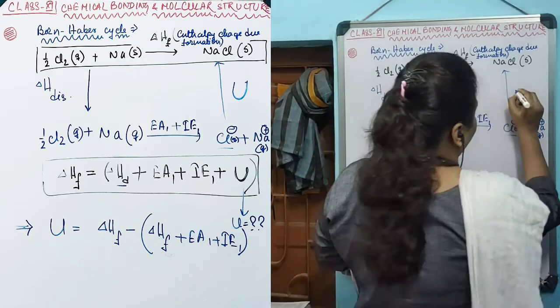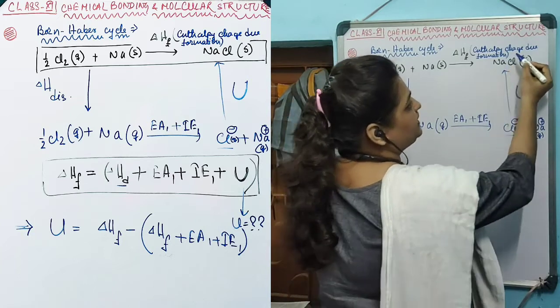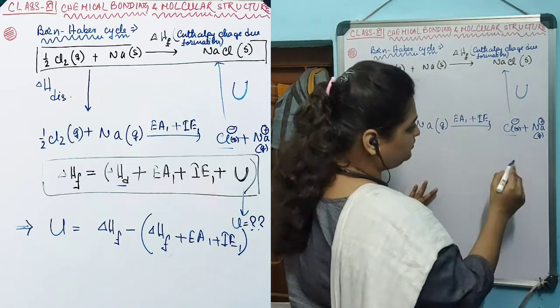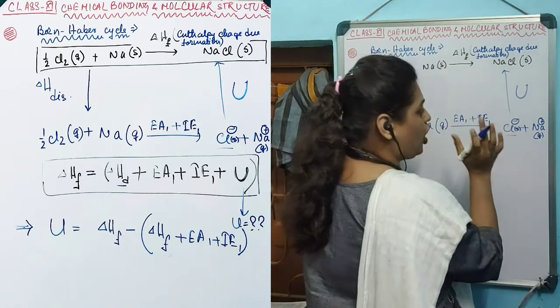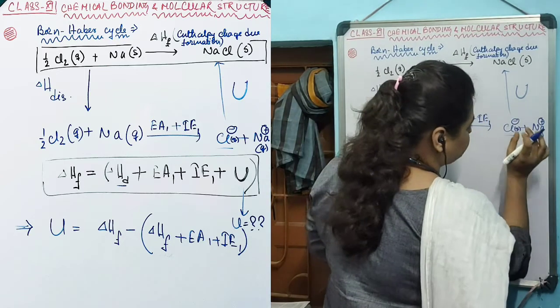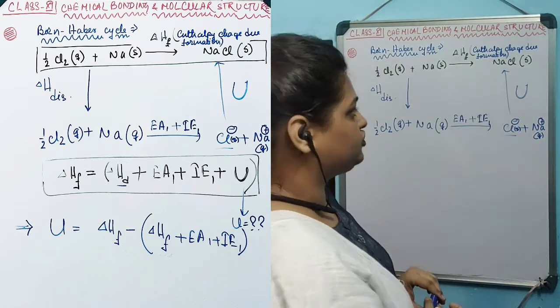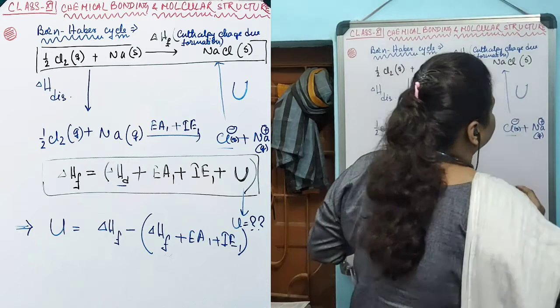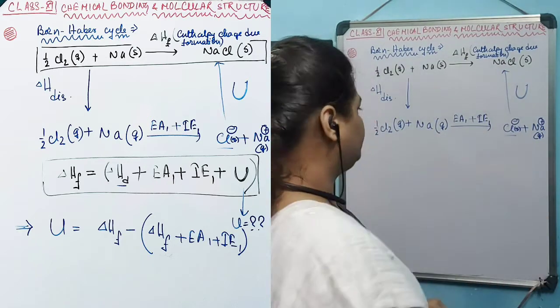That is going to happen here. Lattice enthalpy will be released after the formation of solid NaCl from Cl minus and Na plus in gaseous state, because this is the crystallization step.